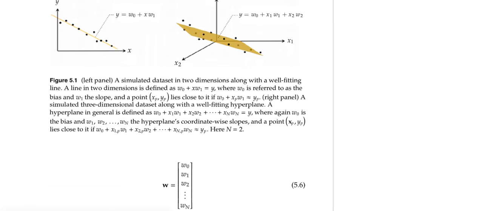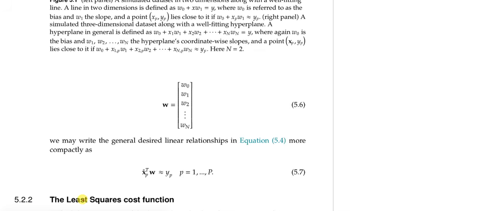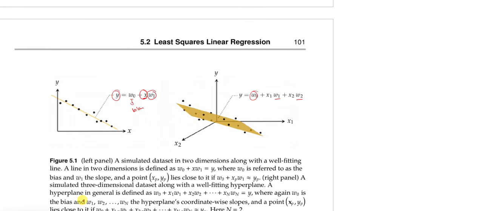In case of two inputs, this is one output, this is a bias vector, and this is one feature, a single feature only. This is a bias vector with two features. Here it is only one dimension; in case of two dimensions, the straight line turns into a hyperplane.